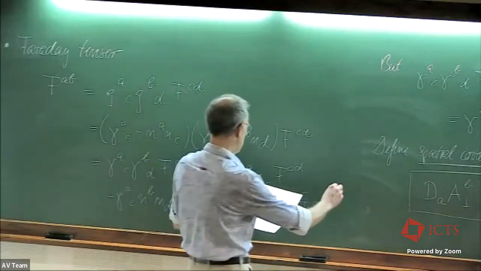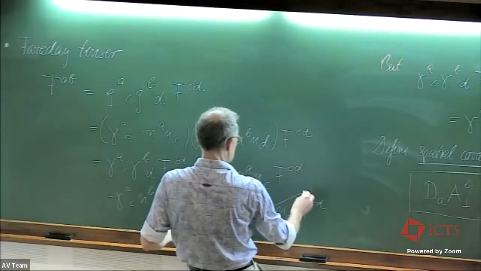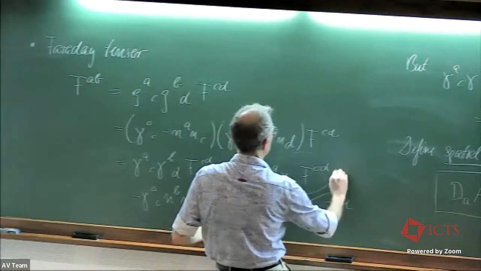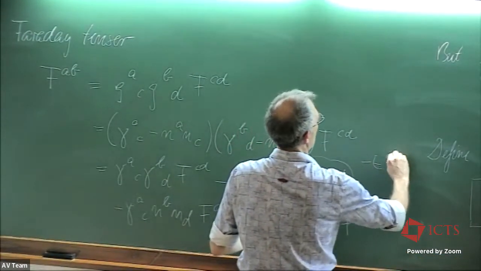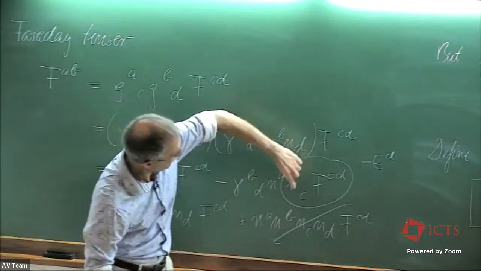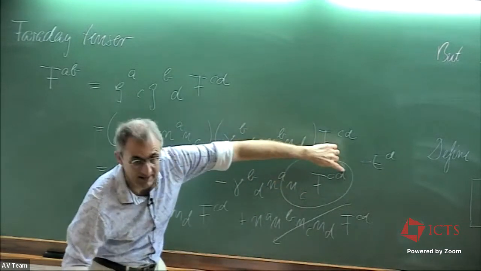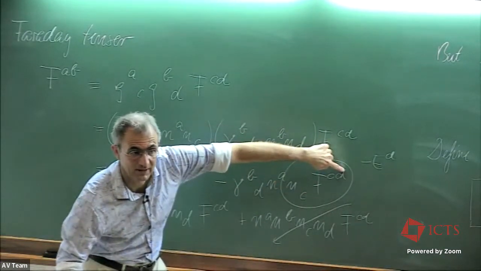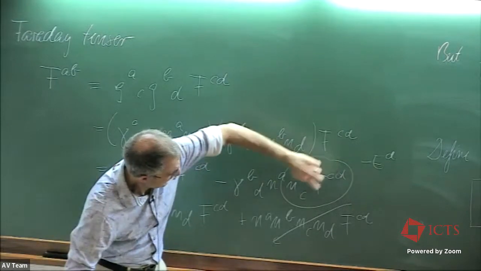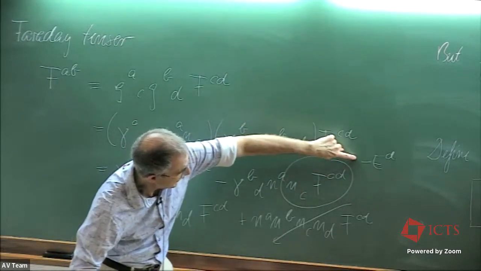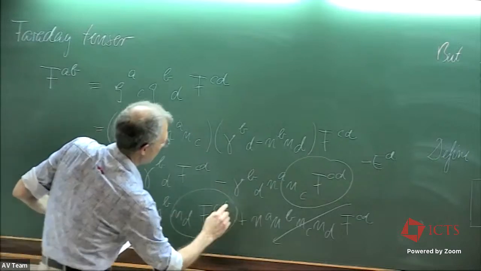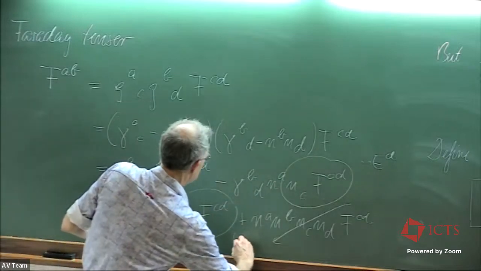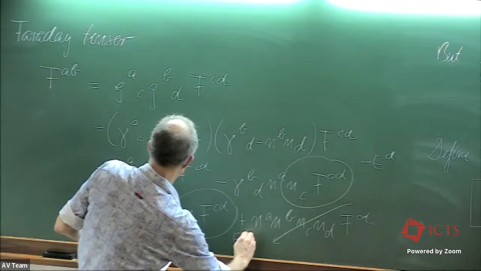So this term here is actually minus ED. Why the minus? Because I would get the positive sign if I contract it with the second index. Remember F is antisymmetric. But here I'm contracting with the first index, so I get minus ED. Here, on the other hand, I am contracting with the second index, so this gives me EC.